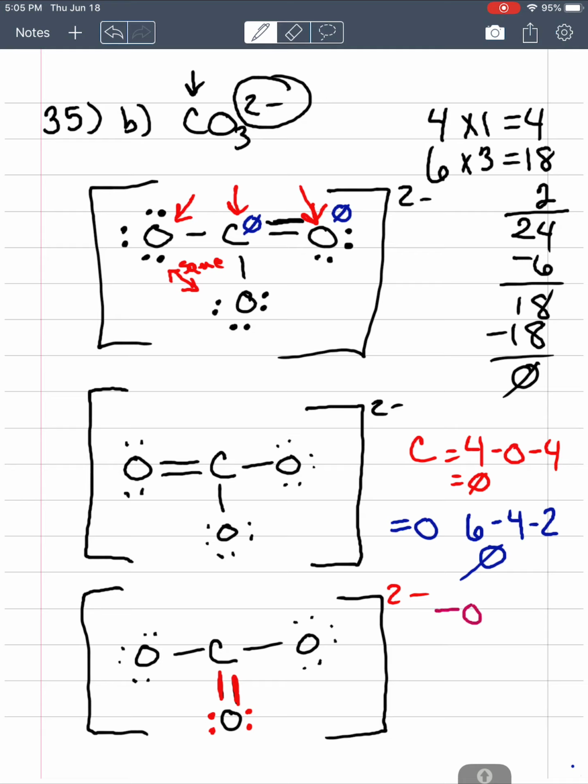It's going to be the single bonded oxygen, and that has 6 valence electrons, minus 6 lone pair electrons, minus 1 bond. 6 minus 6 is 0. 0 minus 1 is -1. So I can fill that in for all of these.